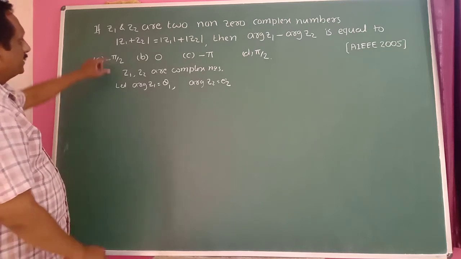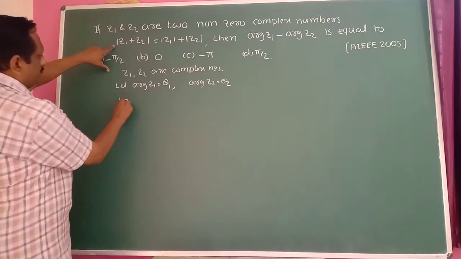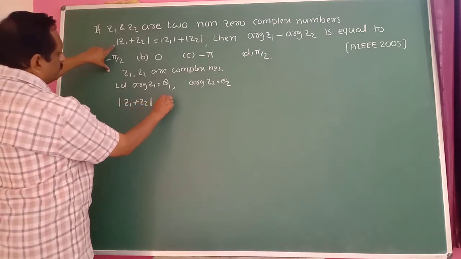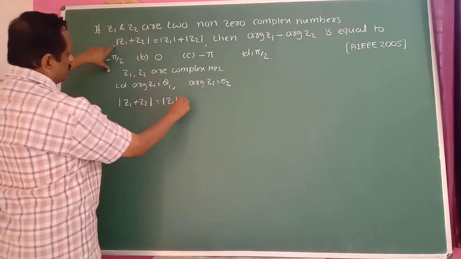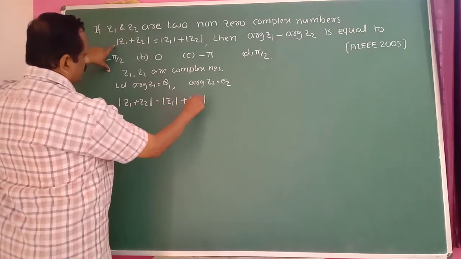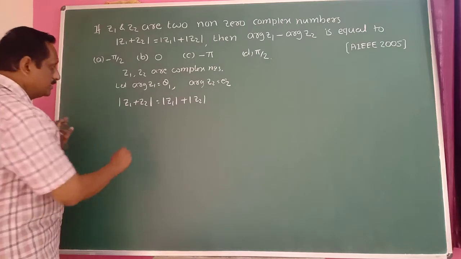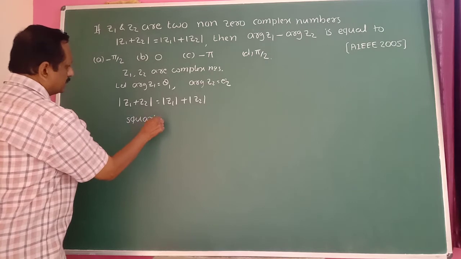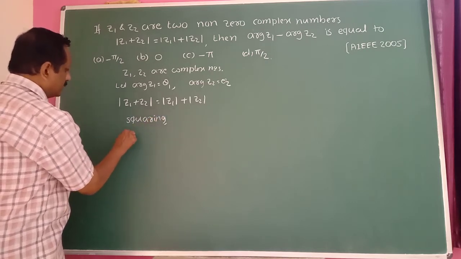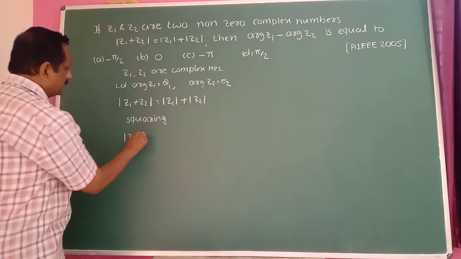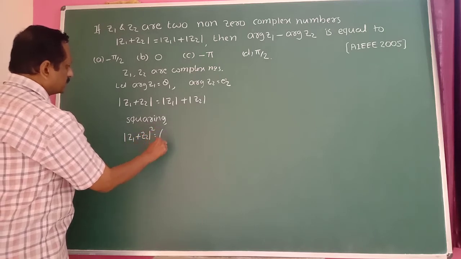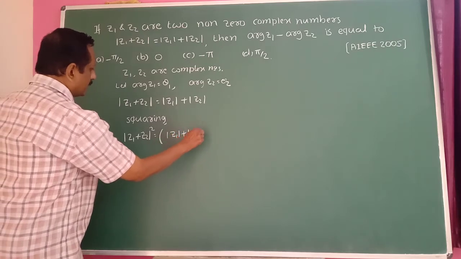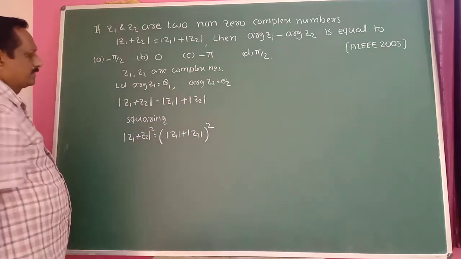Here they have given this result: modulus of z1 plus z2 is equal to modulus of z1 plus modulus of z2. Then squaring on both sides, modulus of z1 plus z2 whole squared is equal to modulus of z1 plus modulus of z2, whole squared.